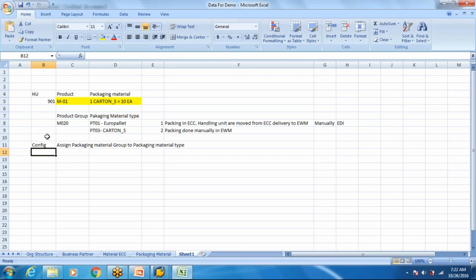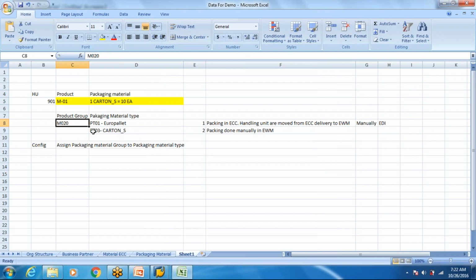So why is this required? See, this defines which group of materials are allowed on certain packaging, like pallets. So what you do is you have to control that you don't pack a wrong product in a wrong packaging material.